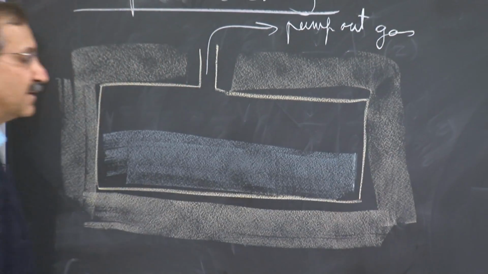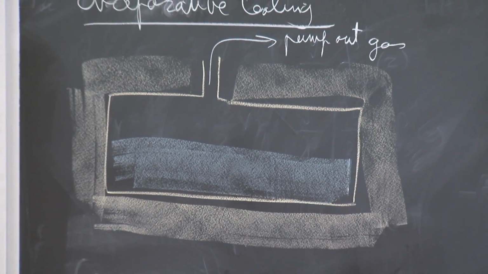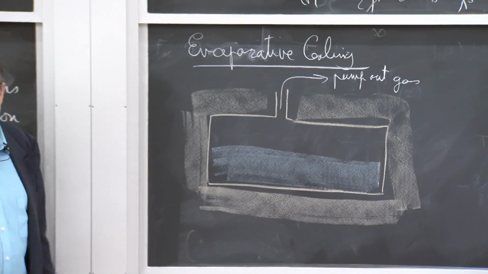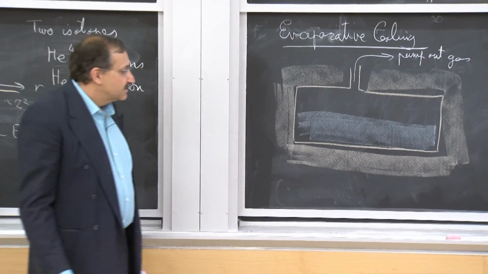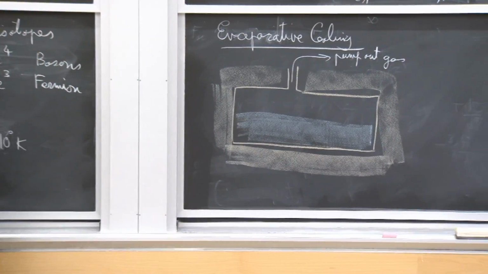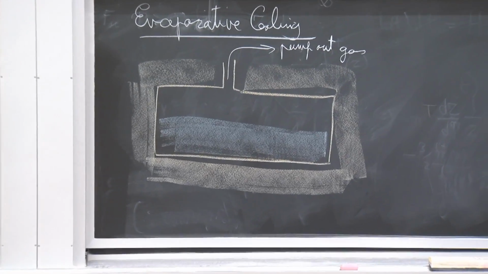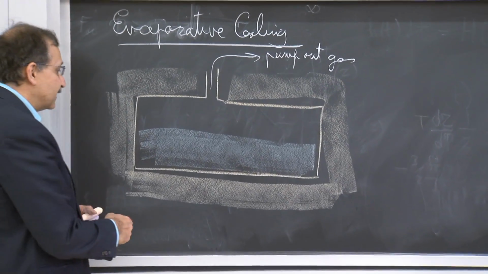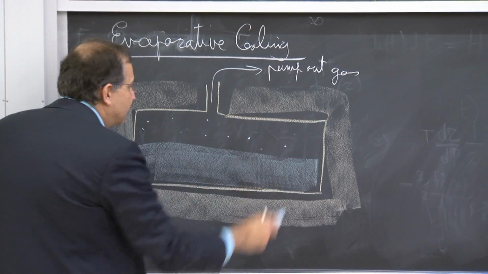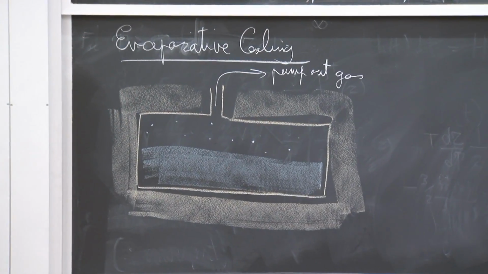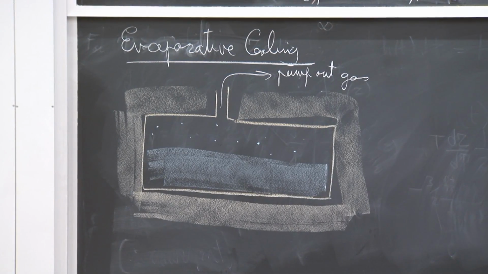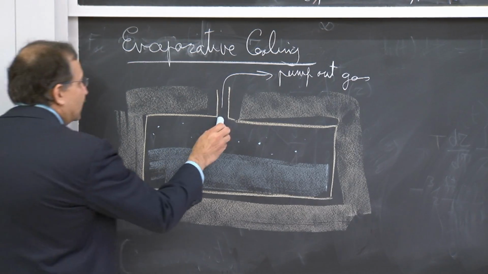Okay? So this is a coexistence because this part up here on top of the liquid helium is not vacuum. What happens is that there is evaporation of helium leaving the liquid and going into the gas. And once they are in the gas, they are pumped out.